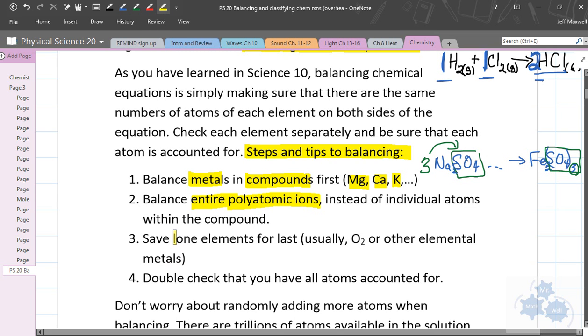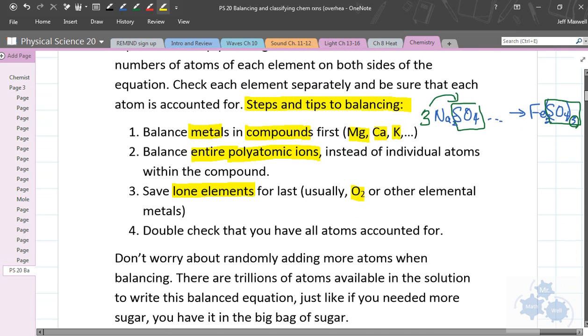It's a good idea to save the lone elements. So if you have O2 or Cl2 or H2, it's usually a good idea to save those for last. Because it's easy to just say, yeah, I need 2 of these, so I'm just going to put 2 in front, or I need 4 of these, so I'm just going to put 4 in front of that one, and we're done. So if you save those for last, it's a good idea. Usually oxygen or other elemental metals are in an equation.